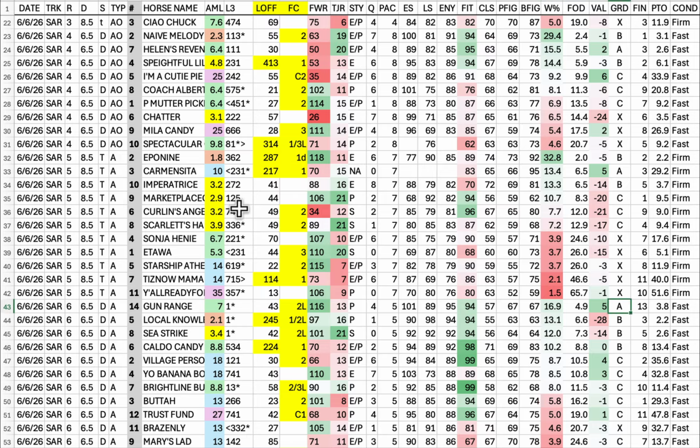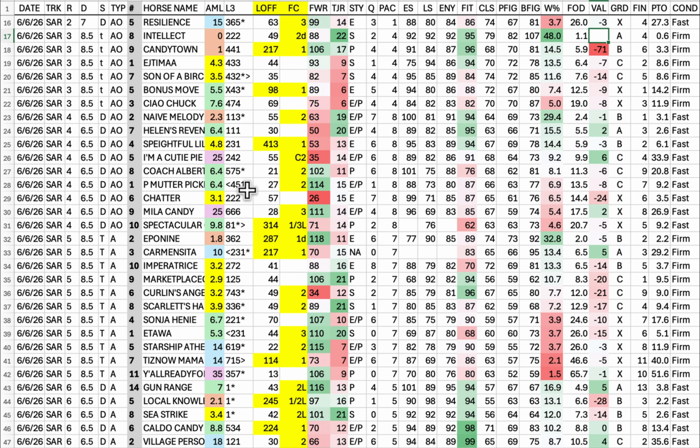But anyway, any horse that's in that 50% coupling or grouping is going to get either an A or a B grade. And the horse that has the highest value of those horses will get the A. Okay, so Gun Range got it here. Naive Melody actually got a B. That changed.